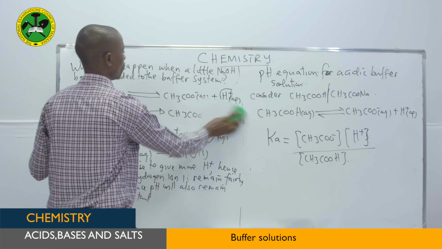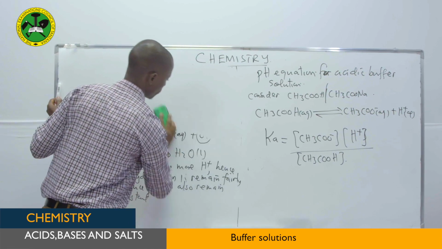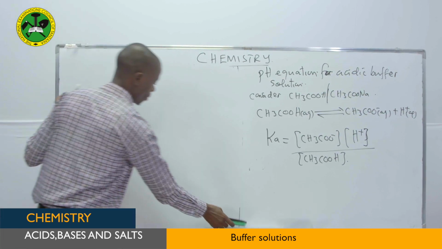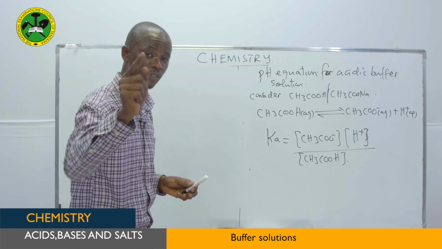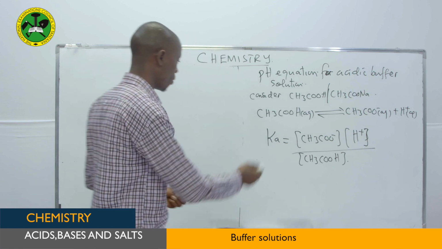Now from there, our aim is to find the pH of the solution. Therefore, we make the concentration of hydrogen ion the subject. What are you going to do?